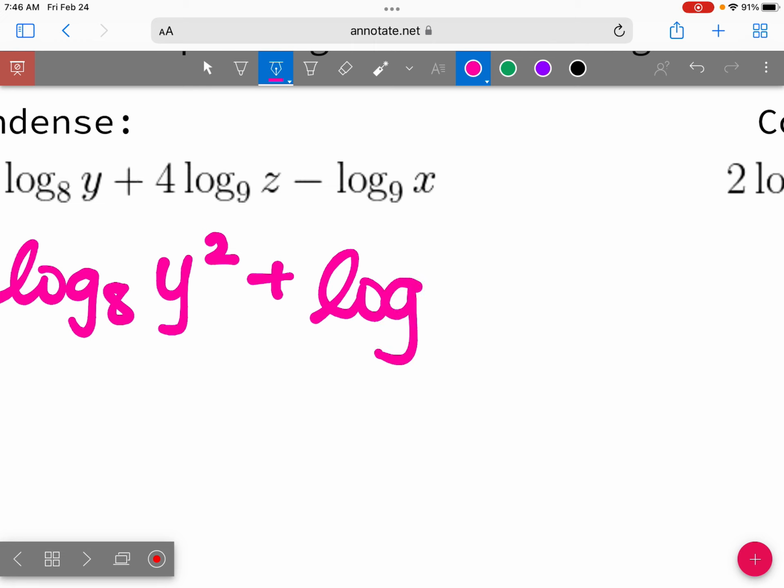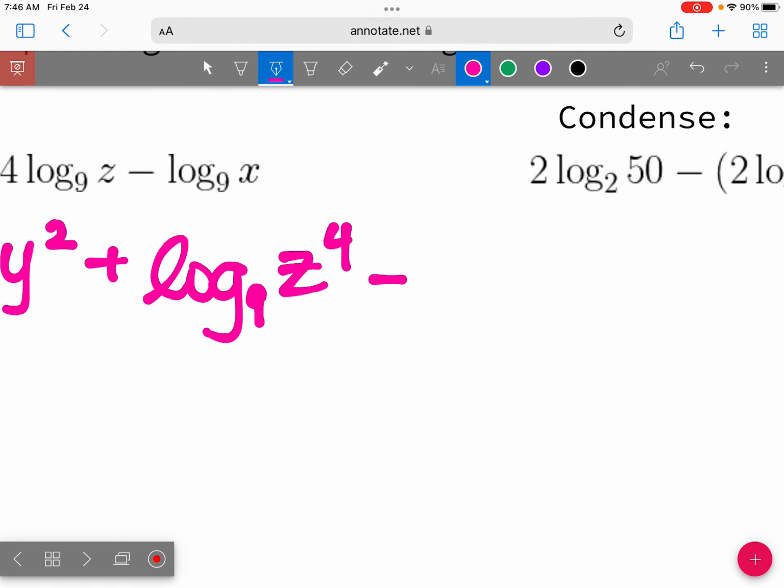Log base 9 z to the 4th, thank you, minus x, doesn't change. Now, what's different about this problem than other problems?